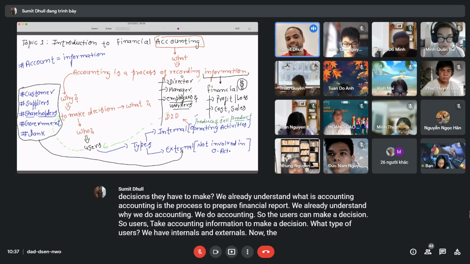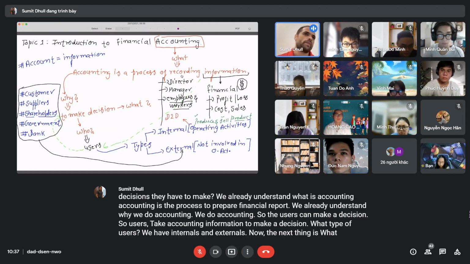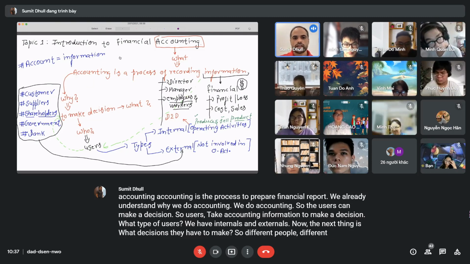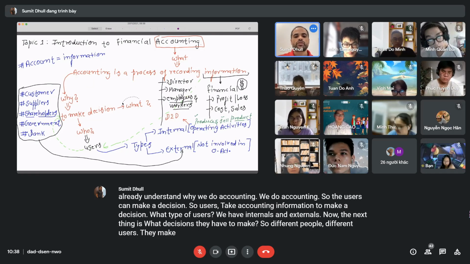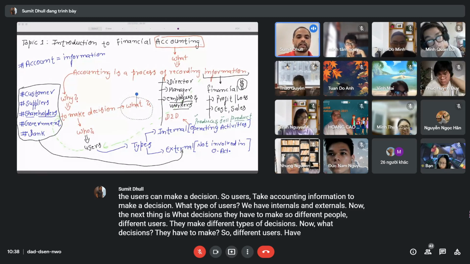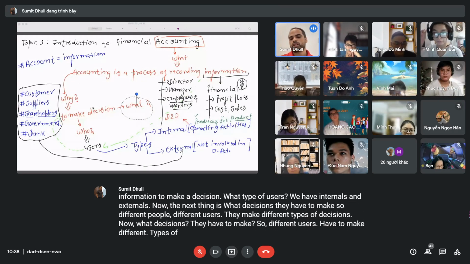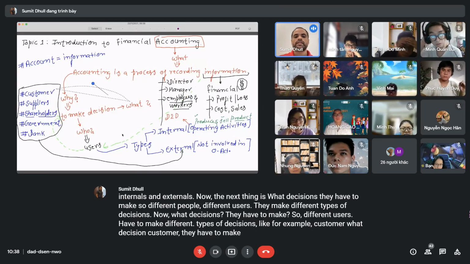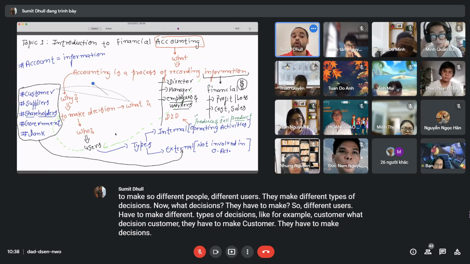Now the next thing is what decisions they have to make. Different users make different types of decisions. For example, what decision does a customer have to make? Customers have to decide to buy or not to buy.